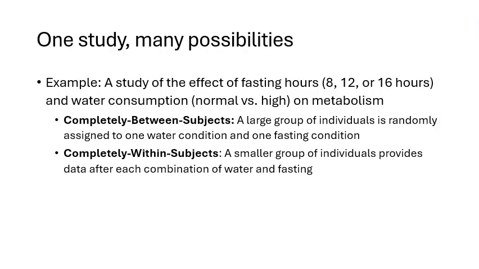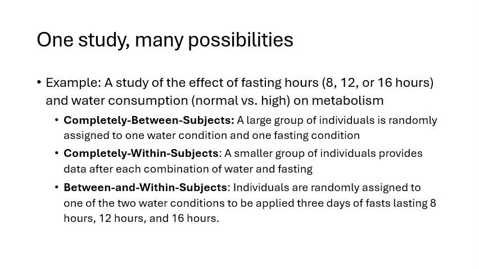Or we could do it completely within subjects and assign a group of individuals to provide data after each combination of water and fasting, meaning they would just do each combination uniquely, and then each day they would provide the metabolism information.